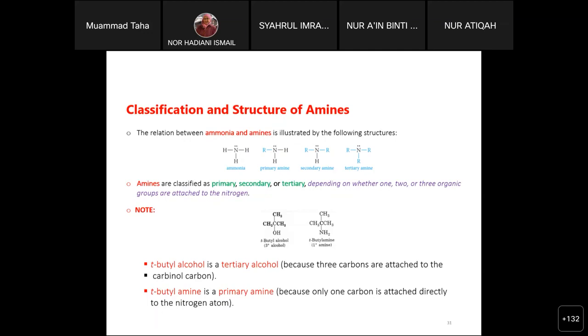But in the case of amine, the system is different. In an amine, the nitrogen should be attached to three different carbons to count as tertiary. Understand? This is the basic thing to understand, the difference in the classification terms. Okay, go to the next slide.